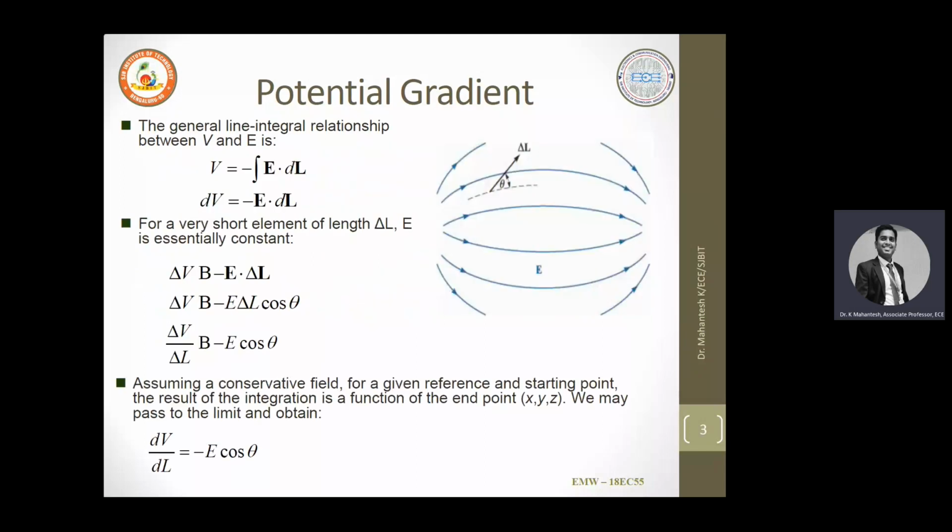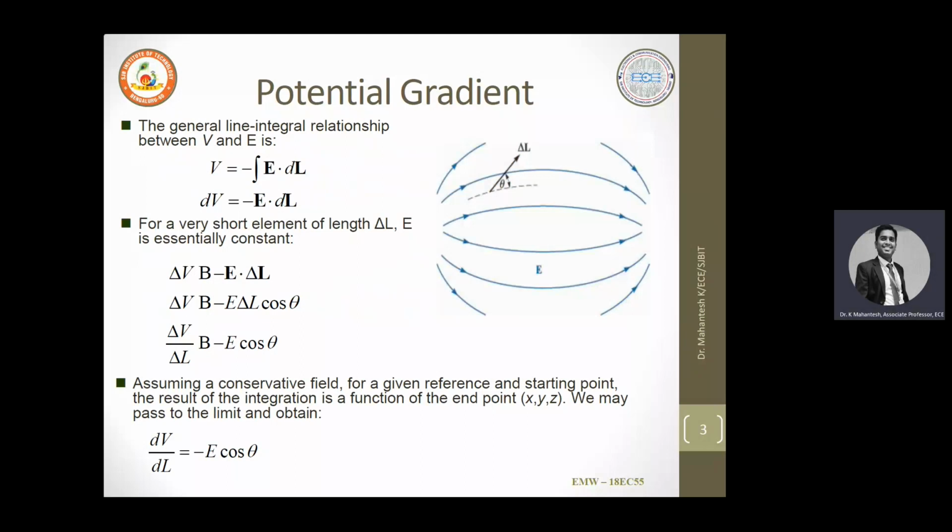The general line integral relationship between V and E is V is equal to minus integral E dot dl. Therefore, dV is equal to minus E dot dl. For a very short element of length delta L, E is essentially constant.